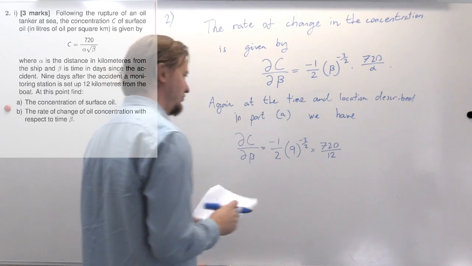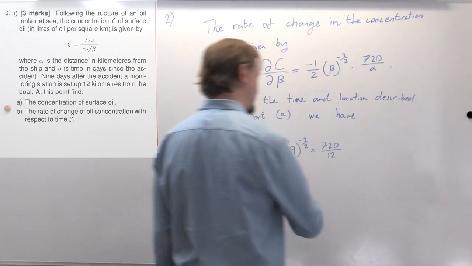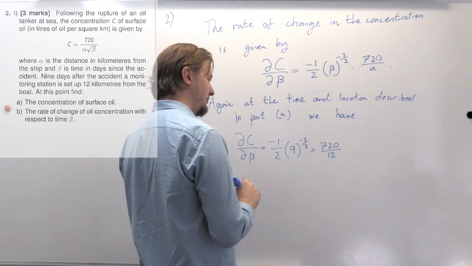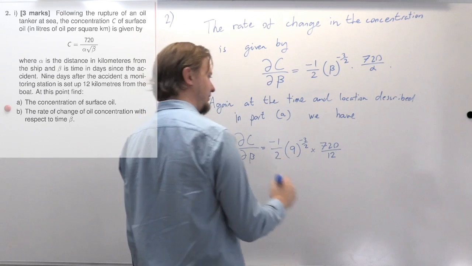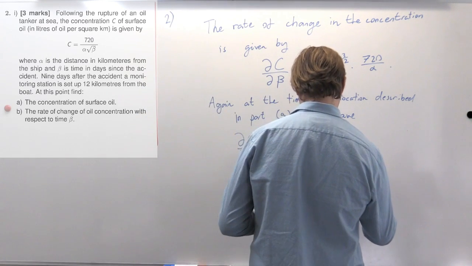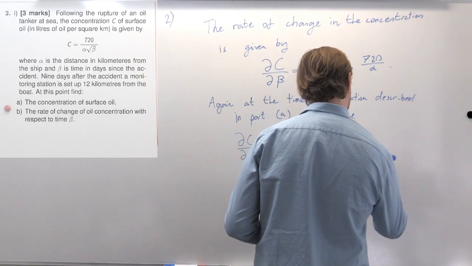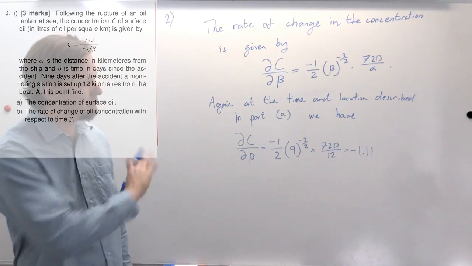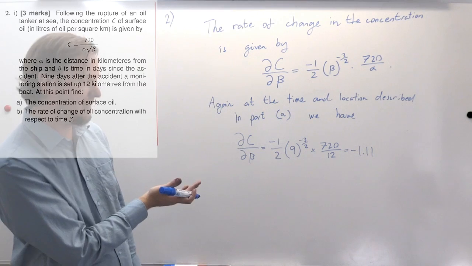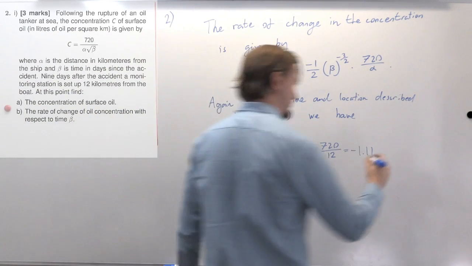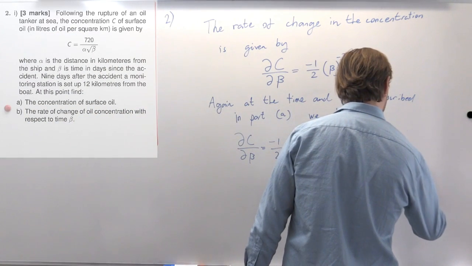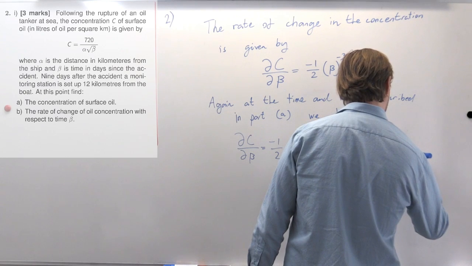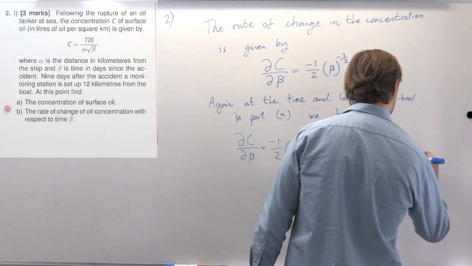There's no shame in pulling out a calculator, though you could probably get this one almost exactly by hand. Using the calculator, I got minus 1.11. Again, that number doesn't mean anything to me until you give it units. So this is liters per kilometer squared per day.